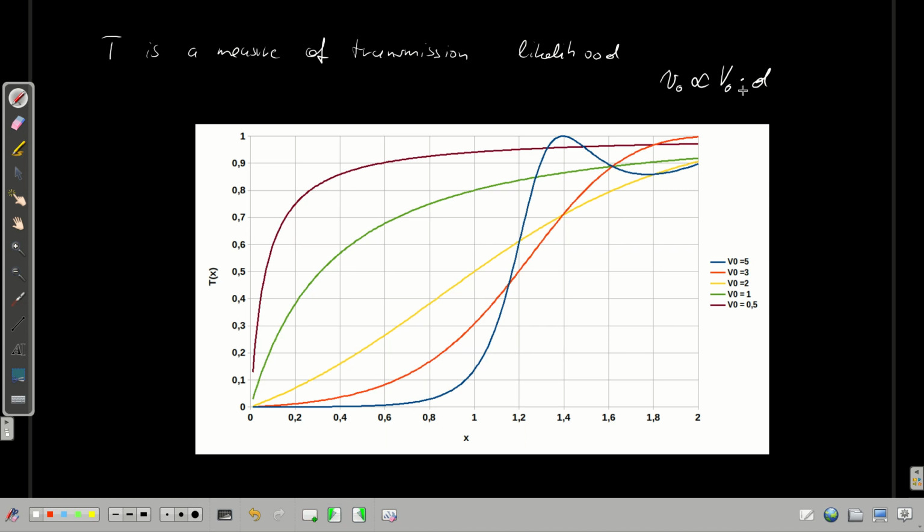The transmission probability also increases when the value of V naught is lower, as illustrated in this graph.